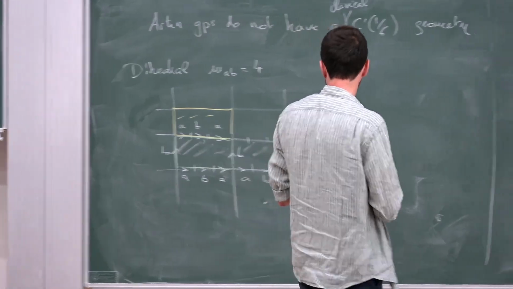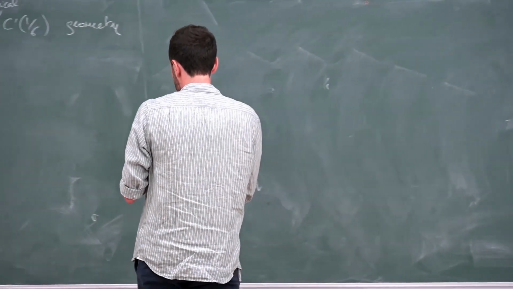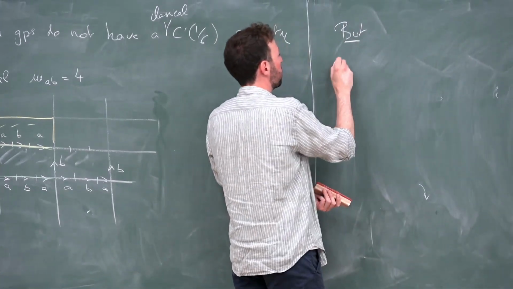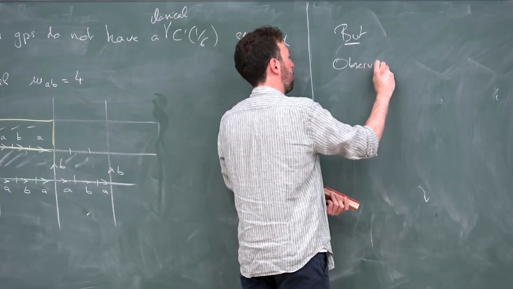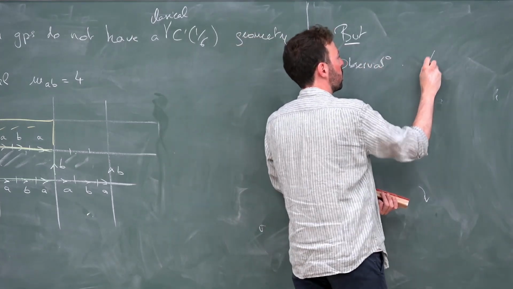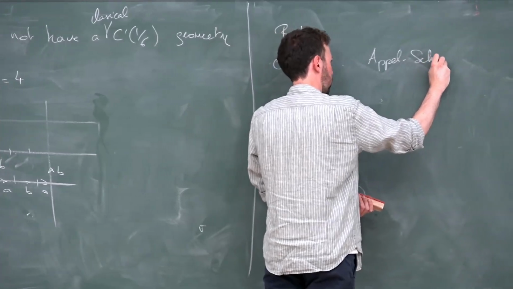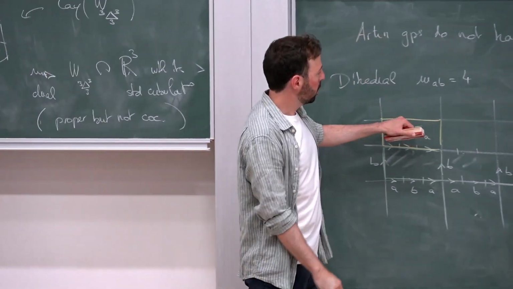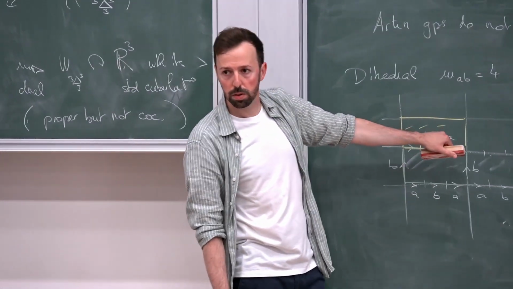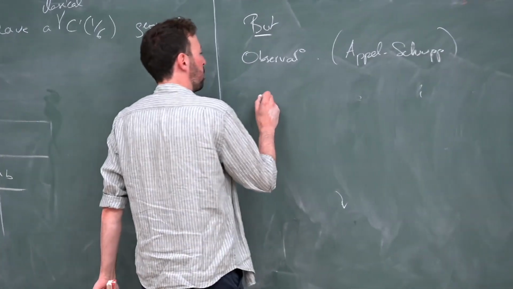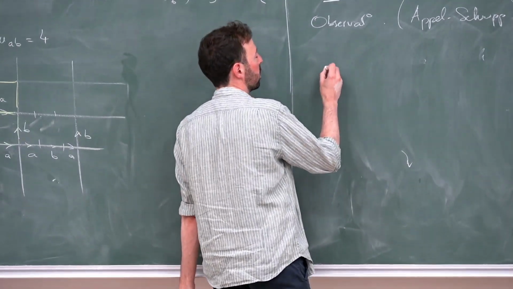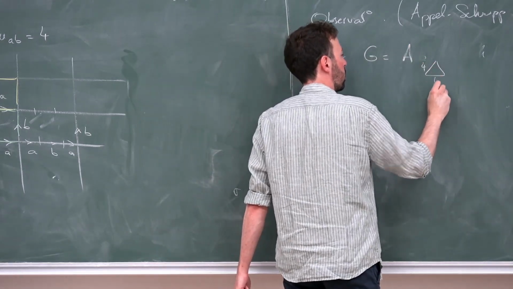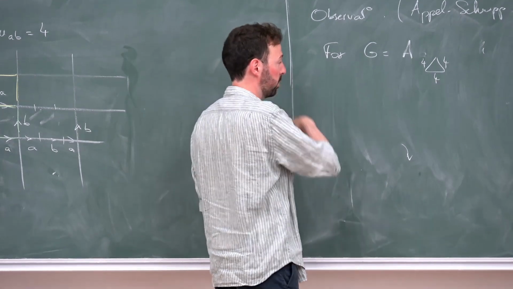Okay, so that's bad news. But there was an observation originally due to Appel and Schupp: even though there is no small cancellation in the classical sense, let's say G is the Artin group on this triangle 444 that we're interested in.